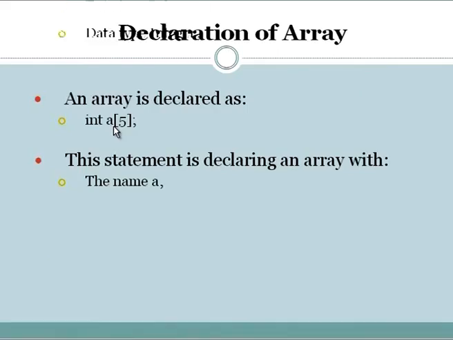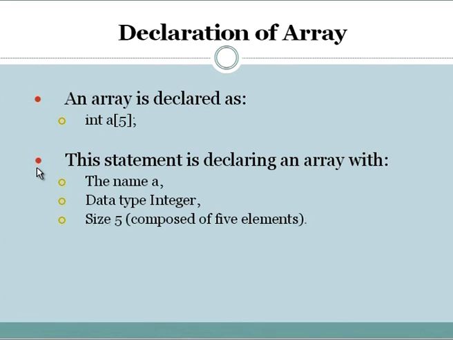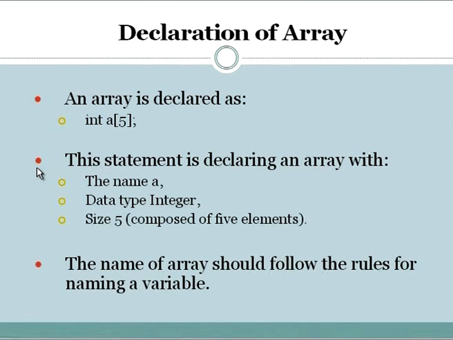You can use the same naming rules for array as you studied for variable. Here in this case the data type of array is integer and the size of array is 5, which means that the array will be composed of 5 elements. The name of array should follow the rules for naming a variable.